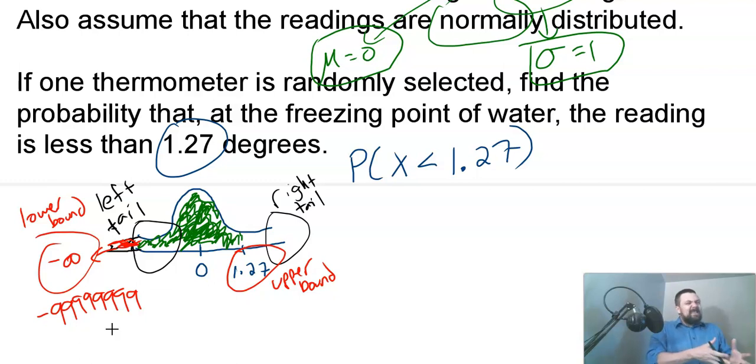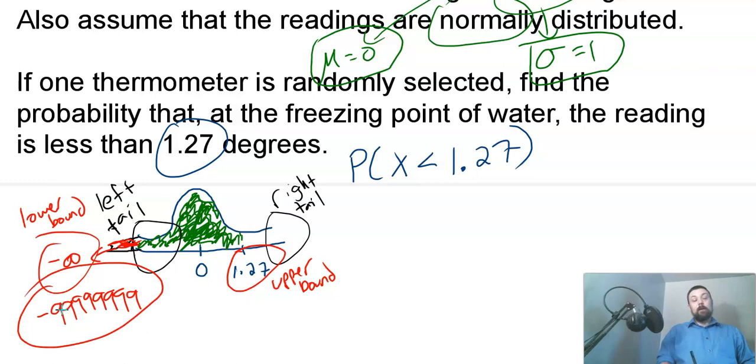If you do less than 6, like 5 nines or 4 nines, sometimes the answer you get doesn't quite match what my stat lab wants to see. Even though that's a pretty small number, it's just not enough. So I would say at least 6 or 7 nines, or just fill up as much of the screen as you can with nines. That's typically what I do. So this is what I'll use as my lower bound for my normal CDF.